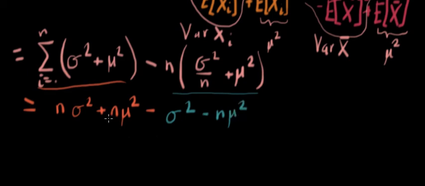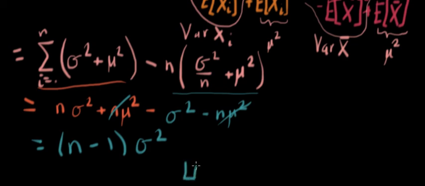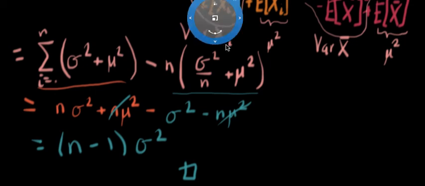Well, look, we have that cancel with that, and we can now factor sigma squared out of this and end up with n minus 1 times sigma squared. And that is in fact what we wanted to demonstrate, so we have finished our proof.